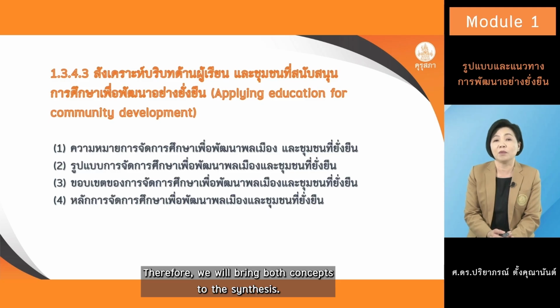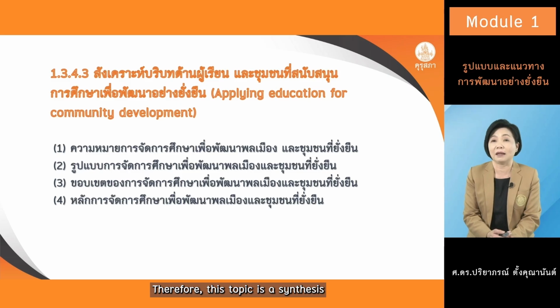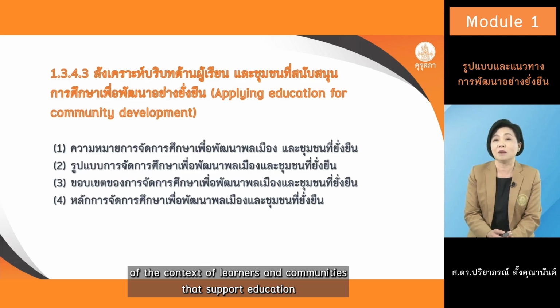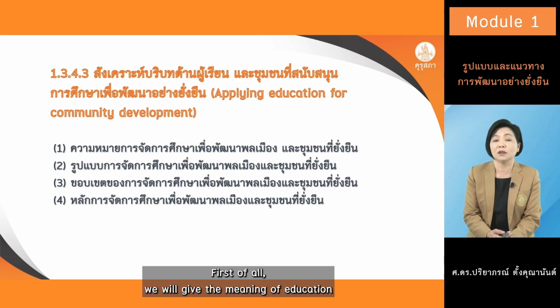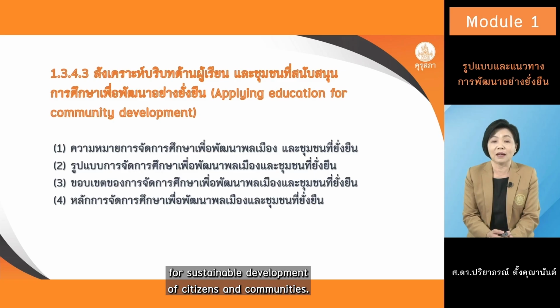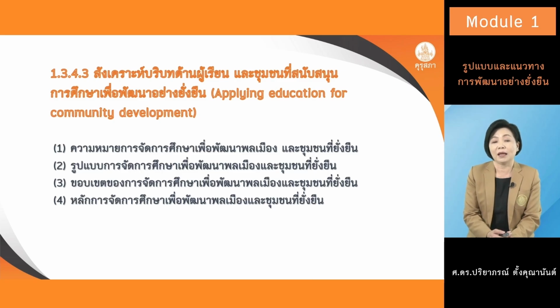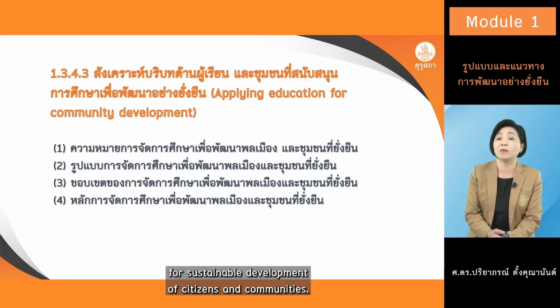Therefore, we will bring both concepts to the synthesis. This topic is a synthesis of the context of learners and communities that support education for sustainable development, which will be discussed in 4 areas. First of all, we will give the meaning of education for sustainable development of citizens and communities. In part 2, we will discuss the education management model for sustainable development of citizens and communities.